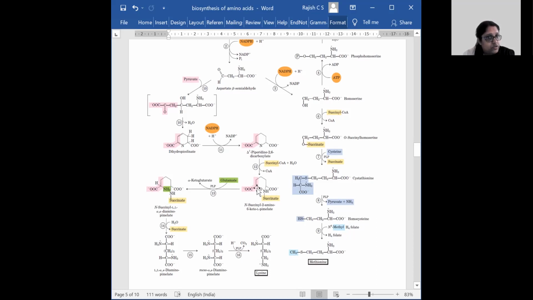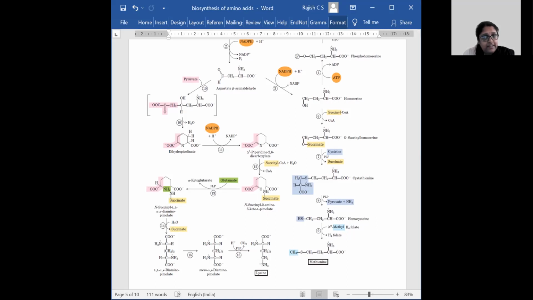this NH. So there is a double bond O over here, and the COO and a double bond O, and there is an NH and the succinate that has been added to this. The coenzyme A will be removed. And then the next one is a transaminase reaction, where instead of this double bond O, we will have the amino group added.